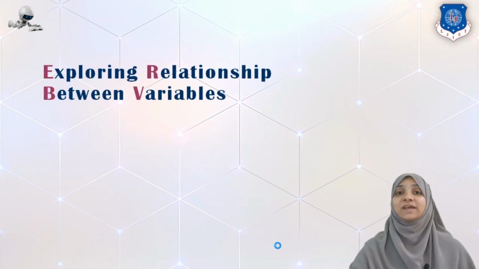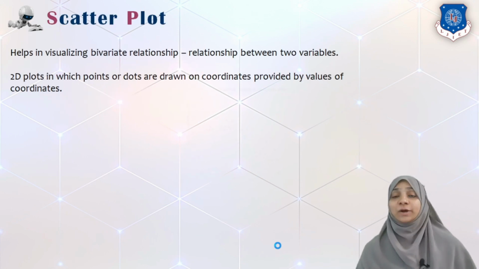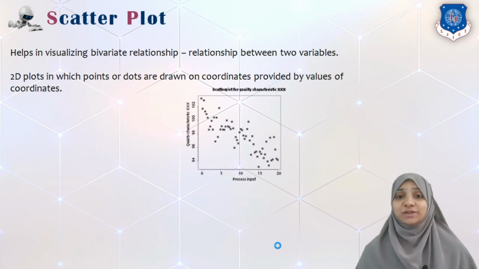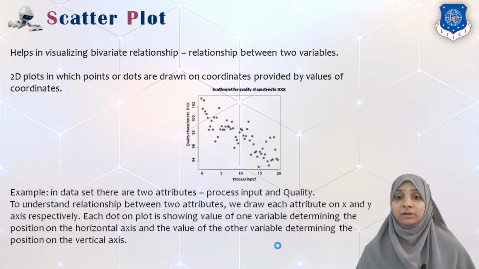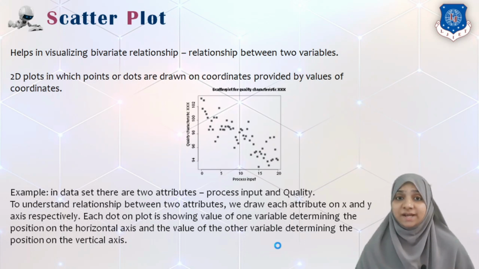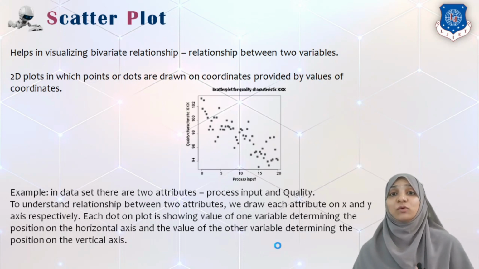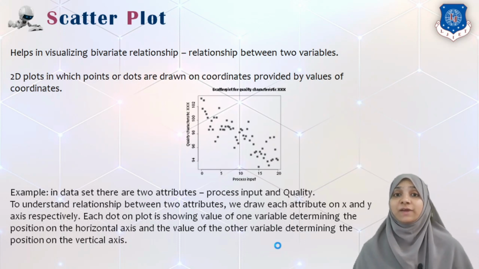Let us start with exploring relationship between data variables. Scatter plot is one of the methods to capture the relationship between two variables. These variables are nothing but two attributes in a given data set. In a given data set we might have more than one attribute. Like if we have a student data set, we would have marks, age, and phone number of a student.